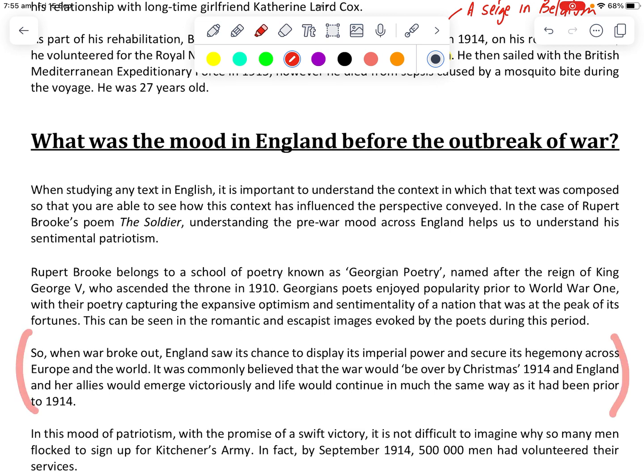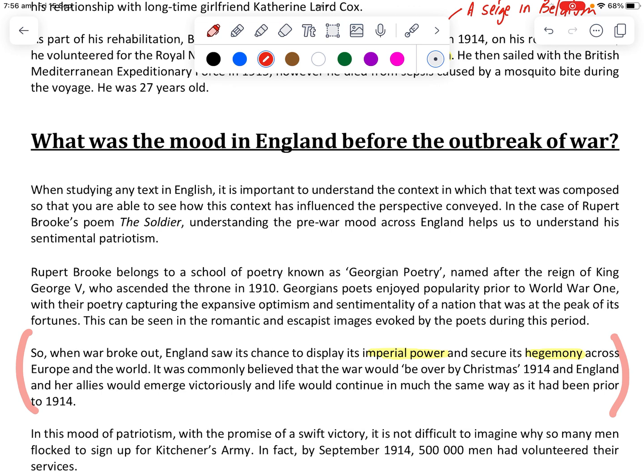When war broke out, England saw its chance to display its imperial power and secure its hegemony across Europe and the world. It was commonly believed that the war would be over by Christmas and England and her allies would emerge victoriously and life would continue in much the same way as it had been prior to 1914. This is really our key paragraph that helps us understand.